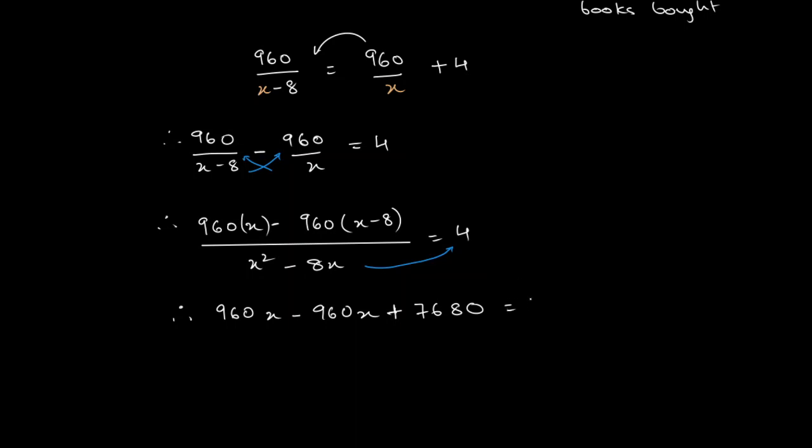All of this will be equal to 4 into X square minus 8X, right? So plus 960X minus 960X will get cancelled out.